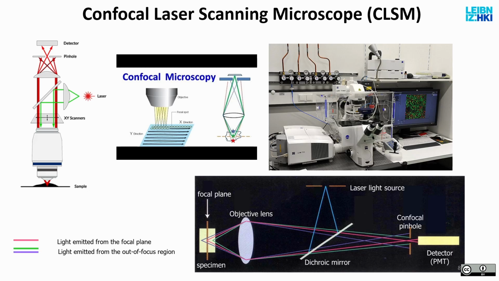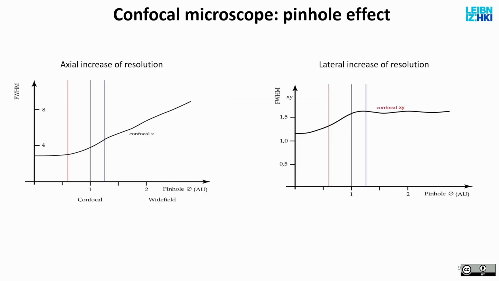And the next question was about confocal microscopy and the role of the pinhole. You, of course, all remembered what the pinhole does by cutting out the out-of-focus light. And you also remembered that opening the pinhole basically turns the confocal microscope back into a widefield microscope.